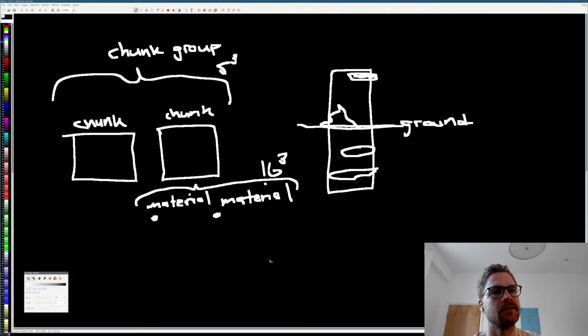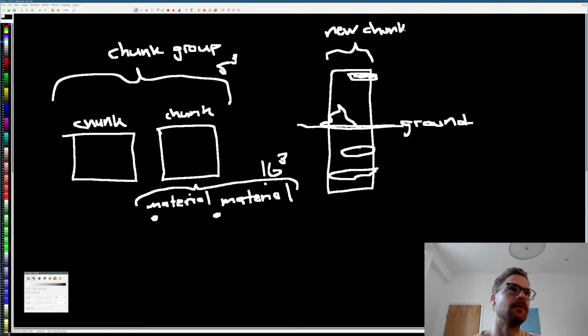Instead of having every chunk be like, so then this would be a new chunk. And then the chunk group would only have to be 2-dimensional.